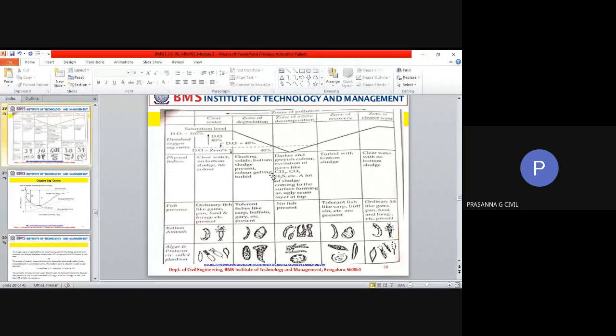But when you have too much of solids, the top layers may have aerobic decomposition happening, but whatever is happening in the lower layers will be anaerobic. And whenever there is anaerobic decomposition, your end products will be gases like methane, hydrogen sulfide, etc. And a lot of sludge coming to the surface, and it will form a sort of scum.